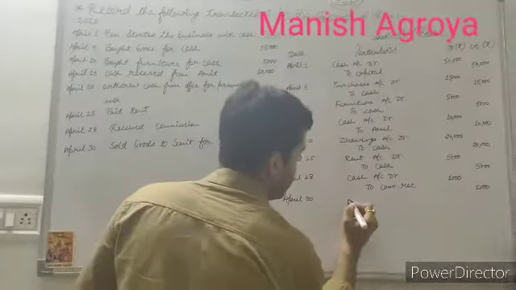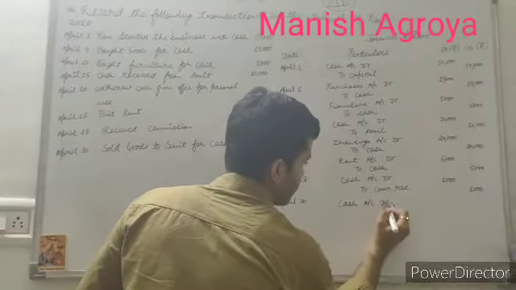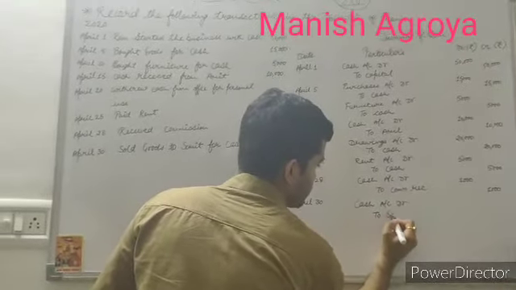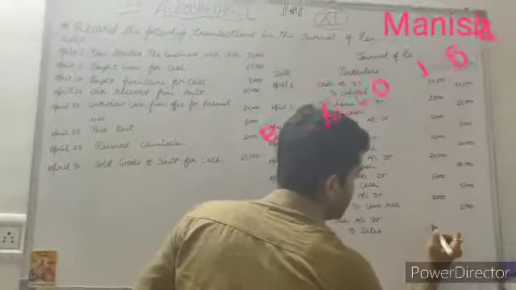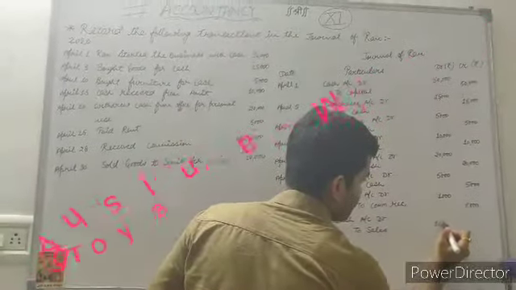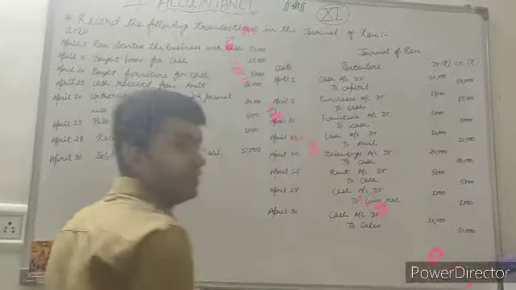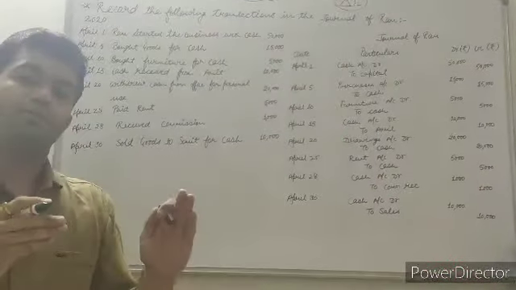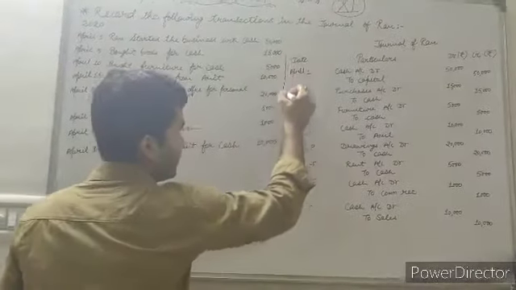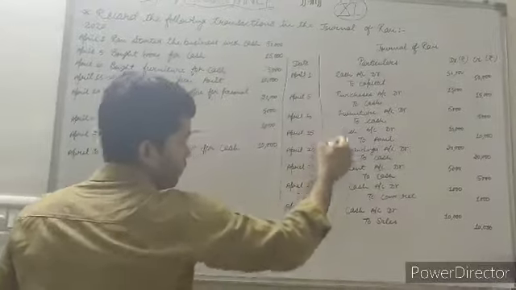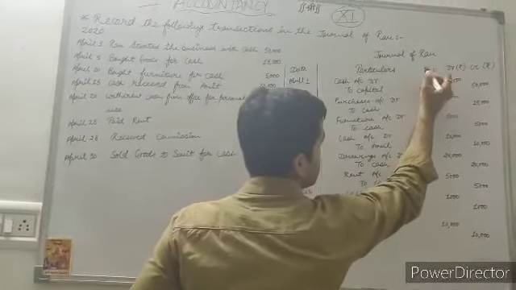So we have to write cash account debit to sales, because we received cash in terms of sales of 10,000 rupees. And now we have to make the lines in the format, like on the date here, one line is here for the particulars, and LF also.